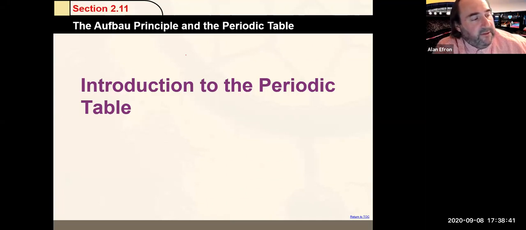In addition, there are a lot of exceptions to the normal electron configuration order. The two that we talked about that you do need to be responsible for are chromium and copper. So chromium at 24, copper at 29. The exception is the same for both of them.